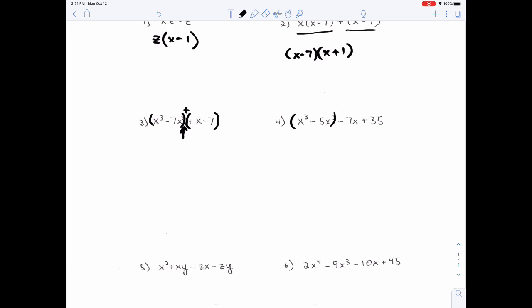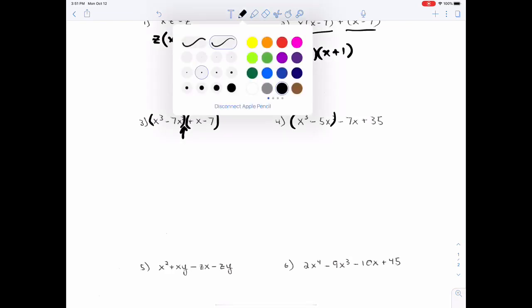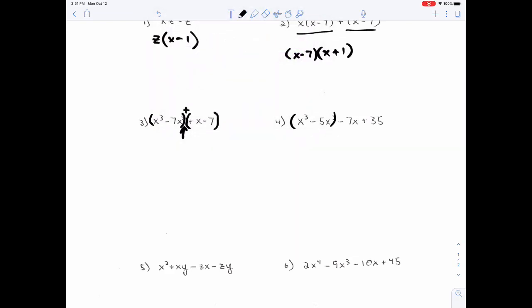But if you put the parentheses here, that means negative 7x minus 35. So what you have to do, if you're going to use parentheses, is this. You have to put parentheses around the first 2, and then always include that sign, and then put a plus between them. That's why I did it this way on number 3.